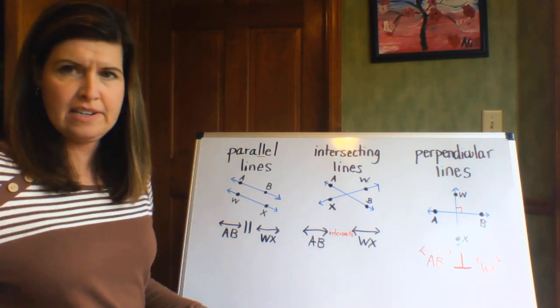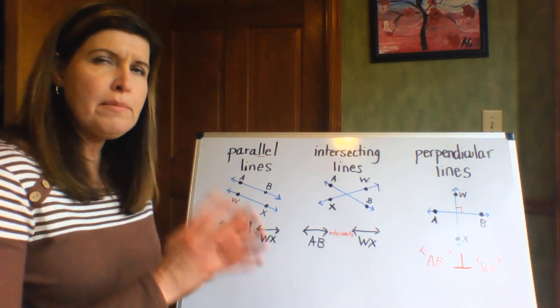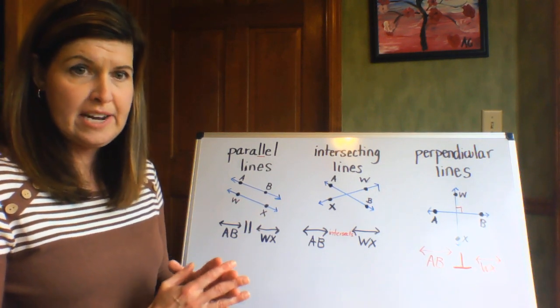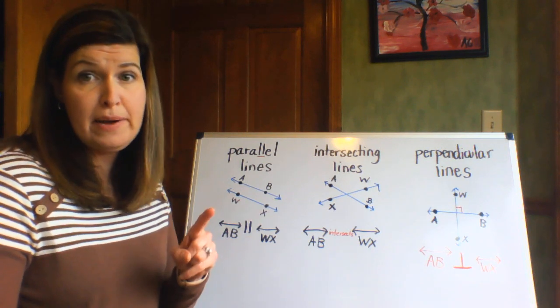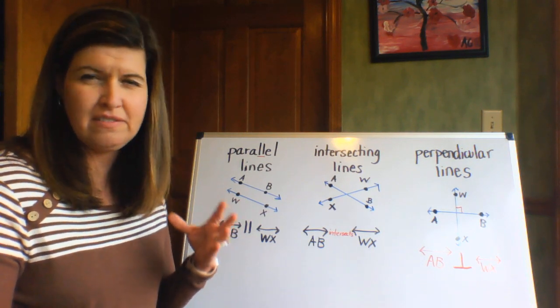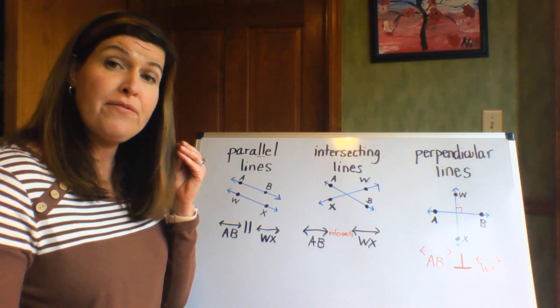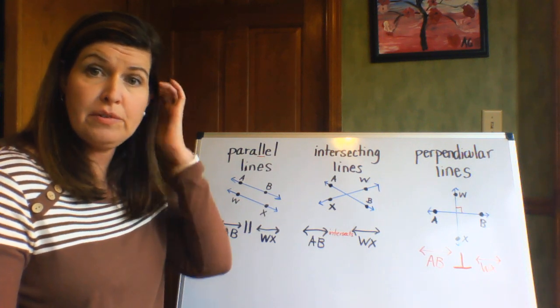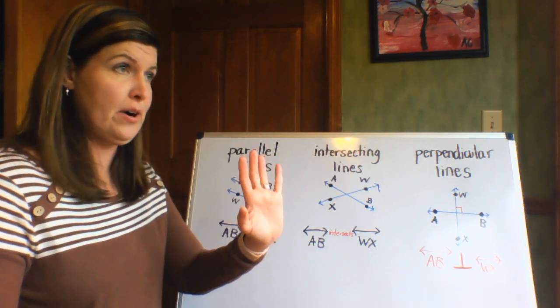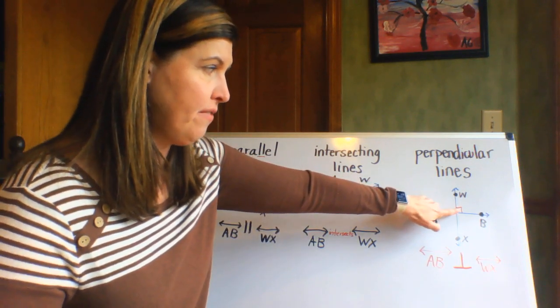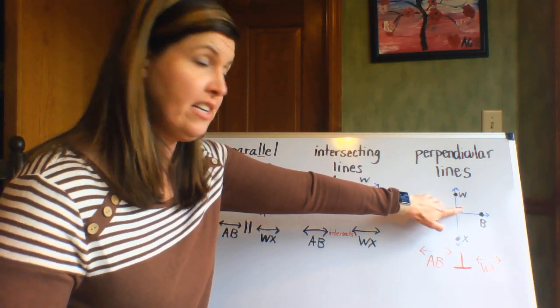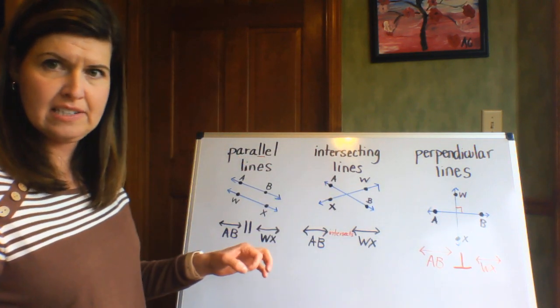The last are perpendicular lines. Now, some of you might not understand what it means when I say it forms a 90-degree angle, and we're going to talk about that on Monday when we start talking about different angles. But for your work today, I want you to remember that perpendicular lines actually have a symbol that shows that it's 90 degrees.